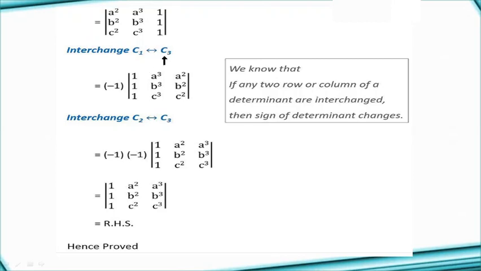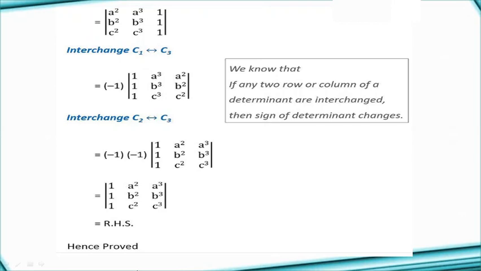We know this is one of the properties that when any two rows or any two columns are interchanged, then the sign of the determinant gets changed. So it will be minus 1 now, and C1 and C3 will be swapped. Again interchanging C2 and C3, one more minus will come outside. Minus 1 into minus 1 will be plus, and this is the thing that we wanted on the right side.